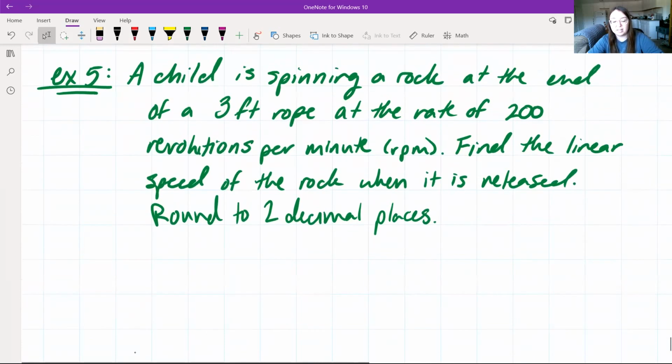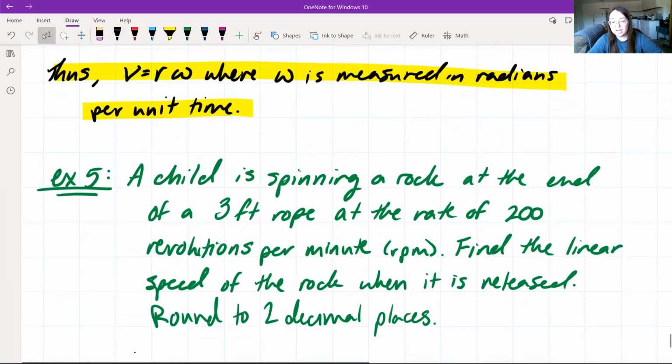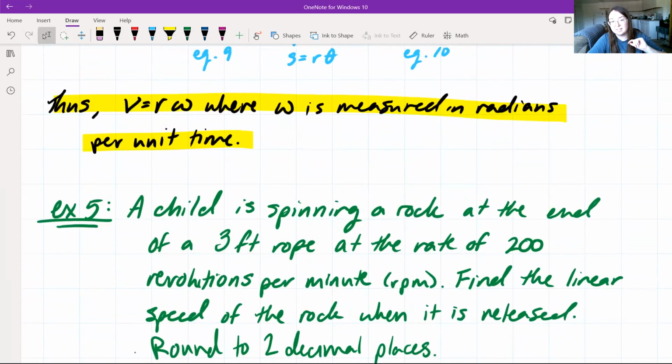So for example 5, a child is spinning a rock at the end of a 3-foot rope at the rate of 200 revolutions per minute, which we call RPM. Find the linear speed of the rock when it is released, and round to 2 decimal places. So we have our radius, it's 3 feet. But we need to find omega, and omega is found in radians.